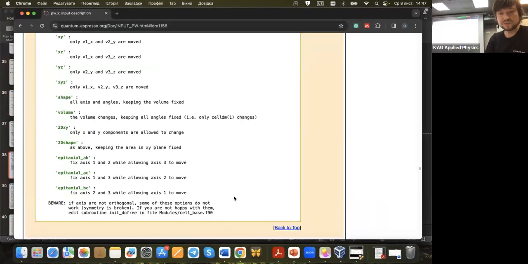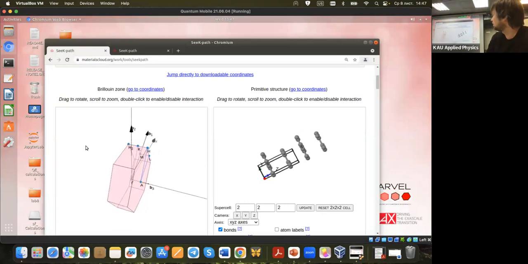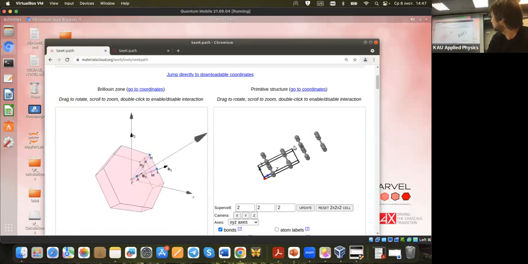What does it mean? You see, this vector is a few times smaller than this vector. Yeah, 3 times, because I took the CIF file. No, maybe 2 times. I don't know exactly. Yeah, it's almost okay. 2.7, something like this. This one is 2.7 times smaller than this C.